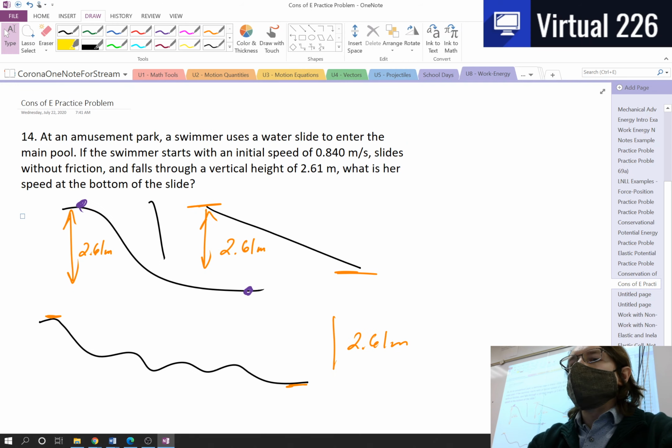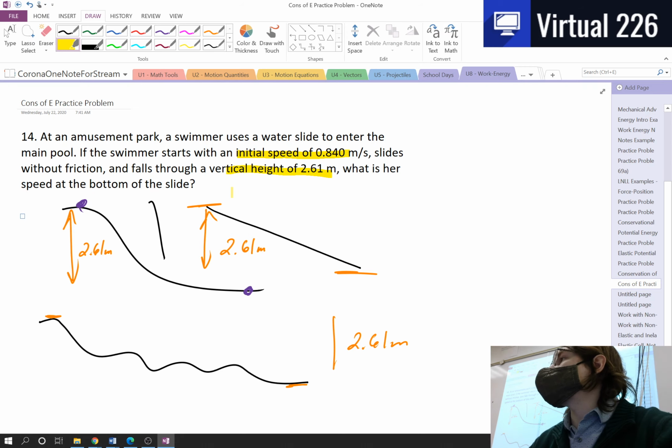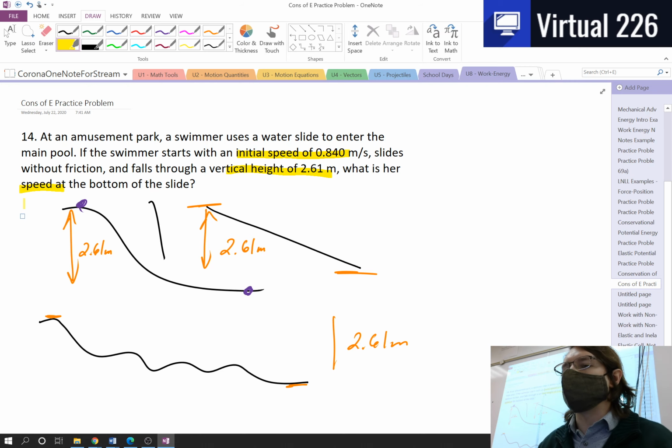Well, in this problem, we know we have some initial speeds, so that's initial kinetic energies. And we know that we're starting at some height, which means that there's probably a gravitational potential energy in this problem as well. And we're looking for a speed at the bottom, so that means there's some kinetic energy at the bottom. There's no springs, though, so let's just ignore springs.